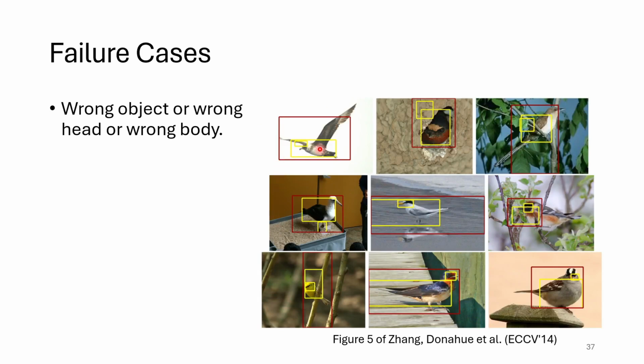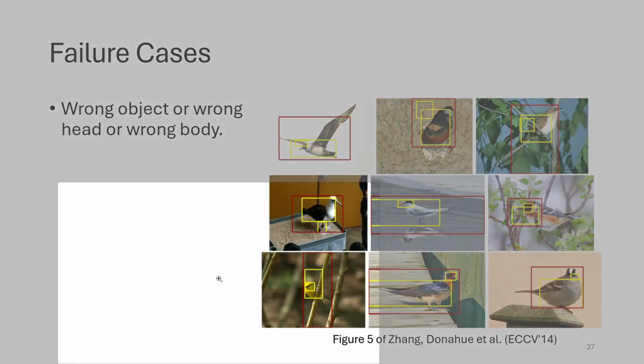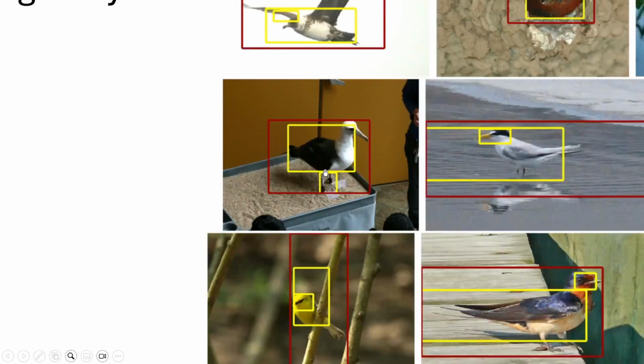There are some failure cases. For example, if you see this image, what does it mean? The algorithm predicts this region is the head of the bird. Of course, it makes a mistake.